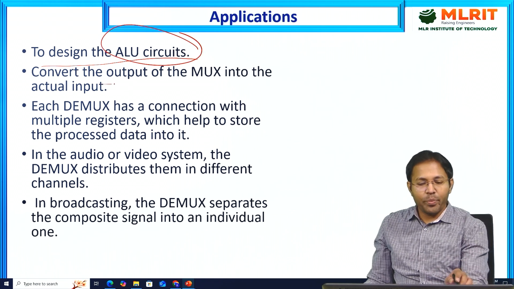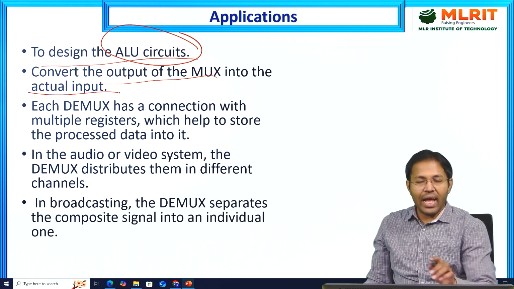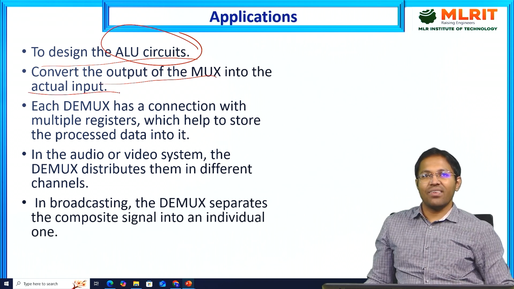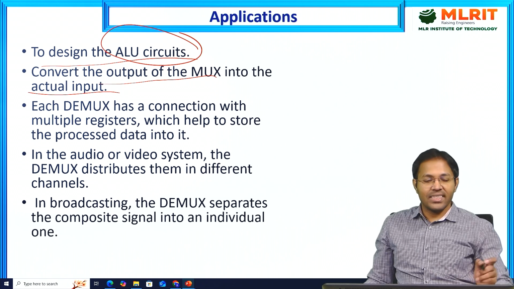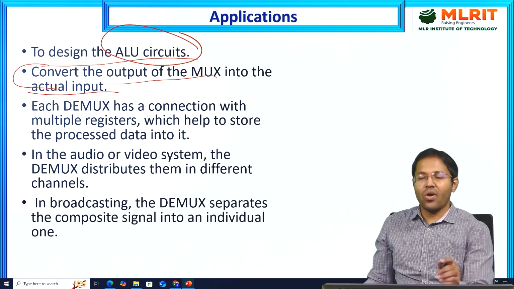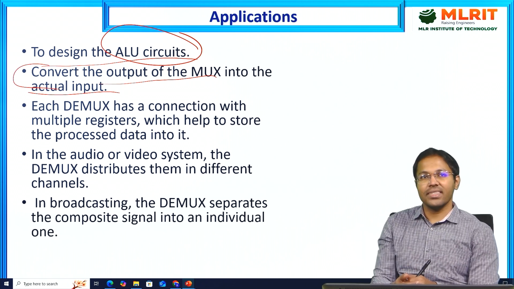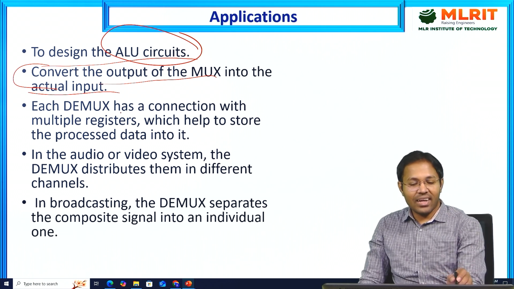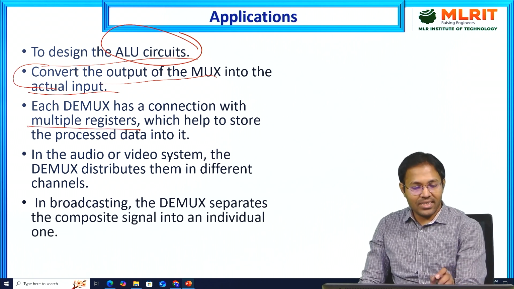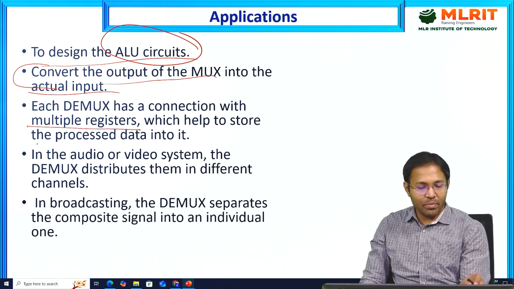Convert the output of the mux into the actual input. So actually this is the reverse process of the mux, and that is how you can use a demux to obtain the reverse process of a multiplexer. Each demux has a connection with multiple registers which can help to store the processed data.